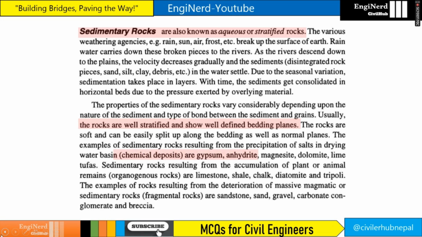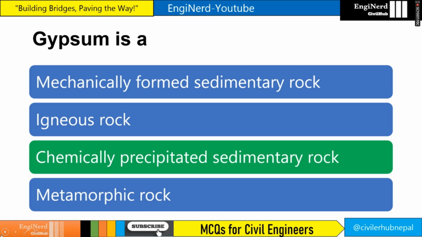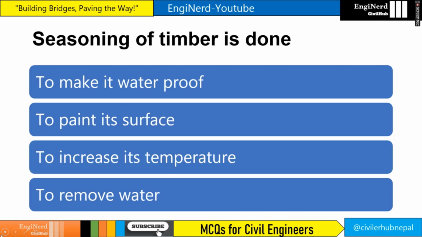And there are three kinds of sedimentary rocks: from chemical deposits, from the remains of plants and animals, and the third one is from the deterioration of magmatic rocks. So they are from the chemical deposits. They are gypsum, anhydrites, and magnesite, etc. So our answer is gypsum is chemically precipitated sedimentary rock, right?